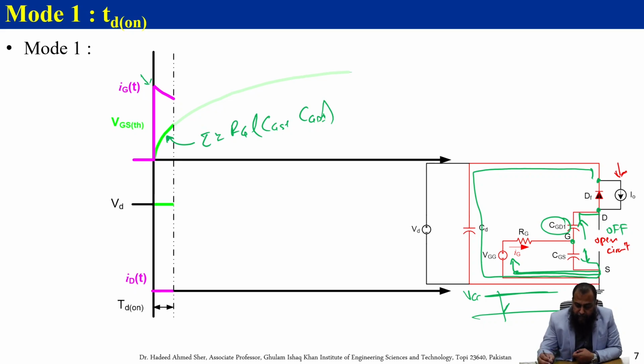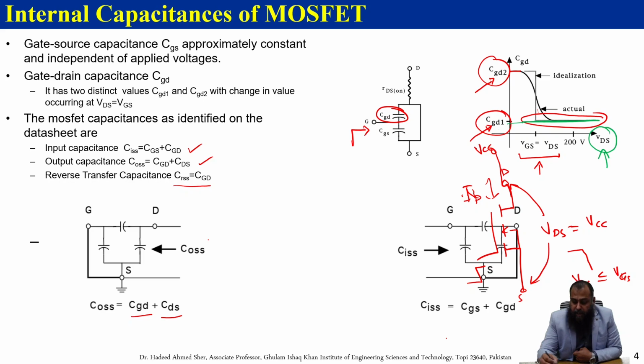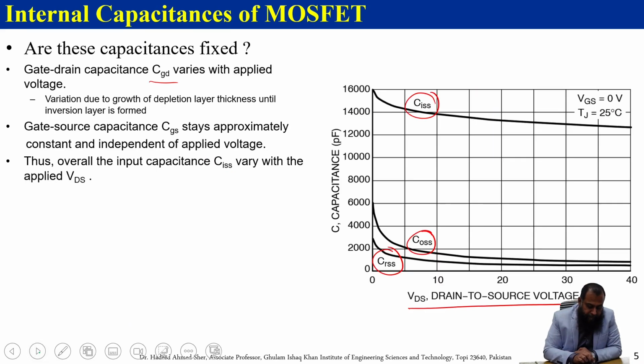Notice here that because this MOSFET is in an off state, we are operating at this particular point, because it is holding a higher voltage between the drain to source, and therefore the capacitance used to find the time constant during this duration is CGD1. It is not the CGD2 here.